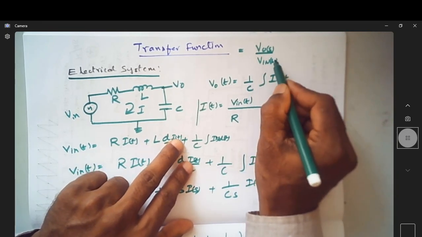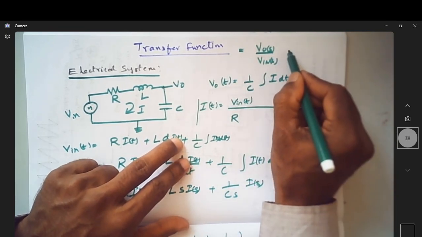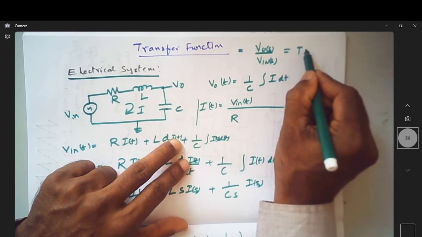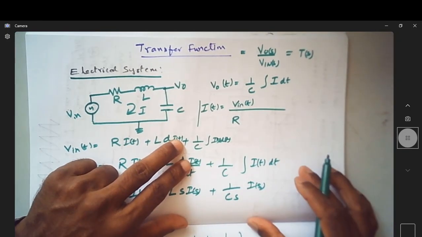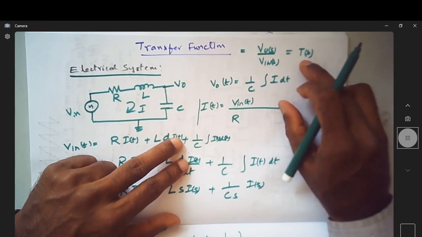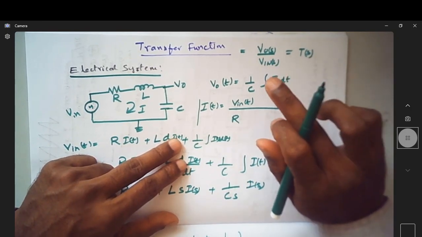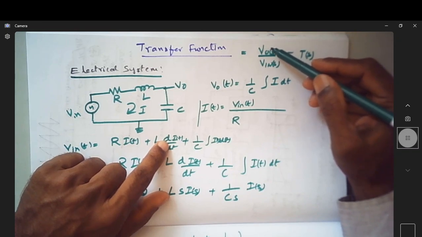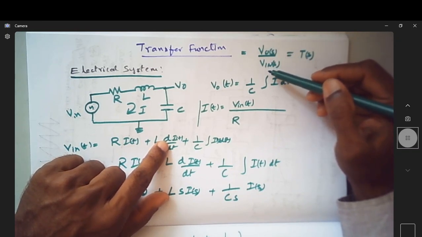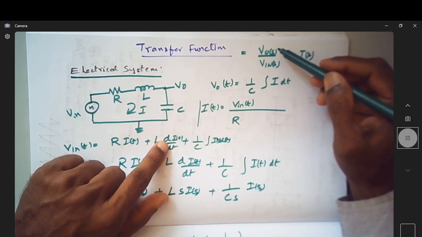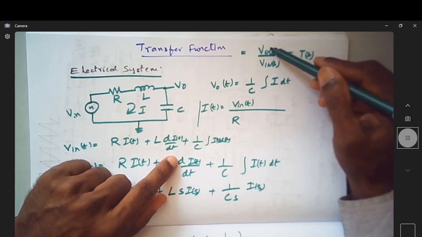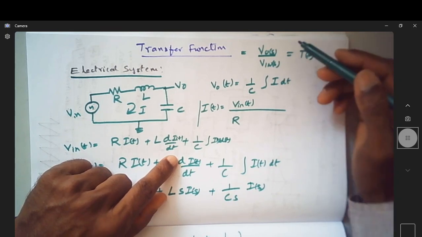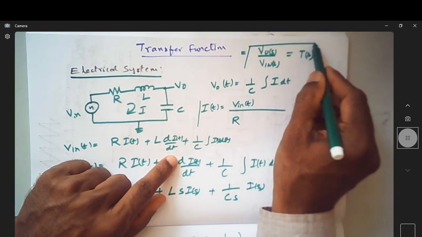V naught of S by V in of S is the transfer function, which we write as T of S. Suppose T of S is the transfer function of a system having output voltage, Laplace of the output voltage as V naught of S and input as V in of S, the ratio of Laplace of the output voltage divided by Laplace of the input voltage is nothing but a transfer function.